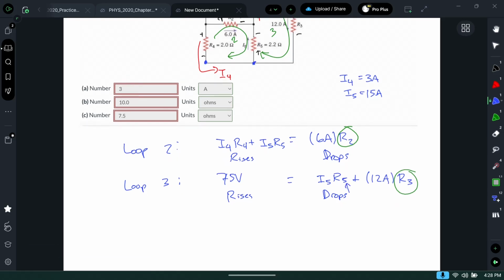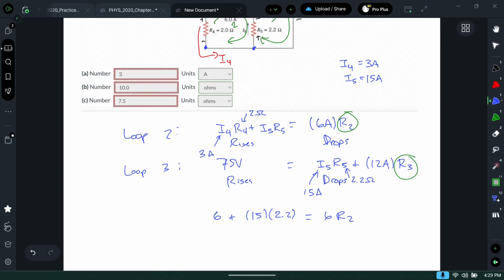R5 is 2.2 ohms. I5 is 15 amps. I4 is 3 amps. R4 is 2 ohms. So let's see. From loop 2, our equation is 6 plus I5, which is 15, times R5, which is 2.2, equals 6 times R2.